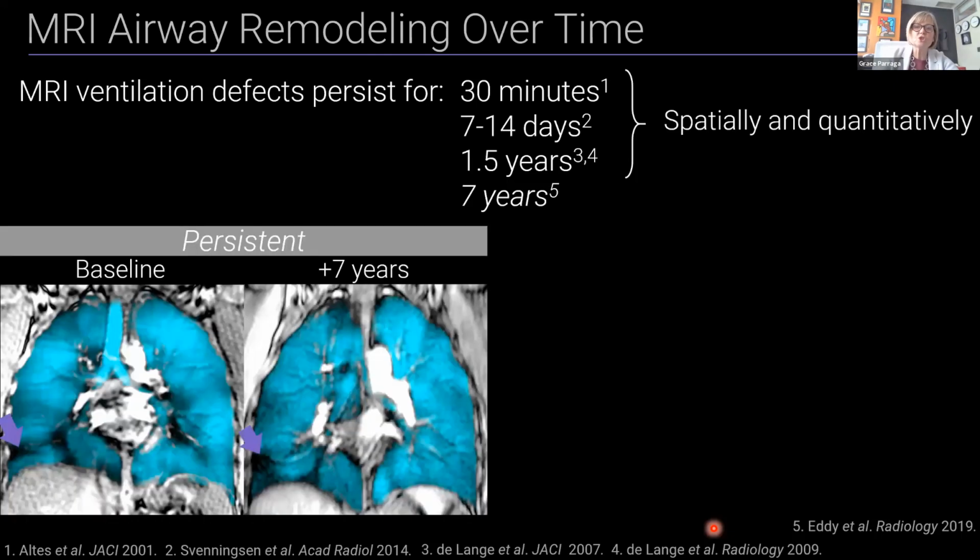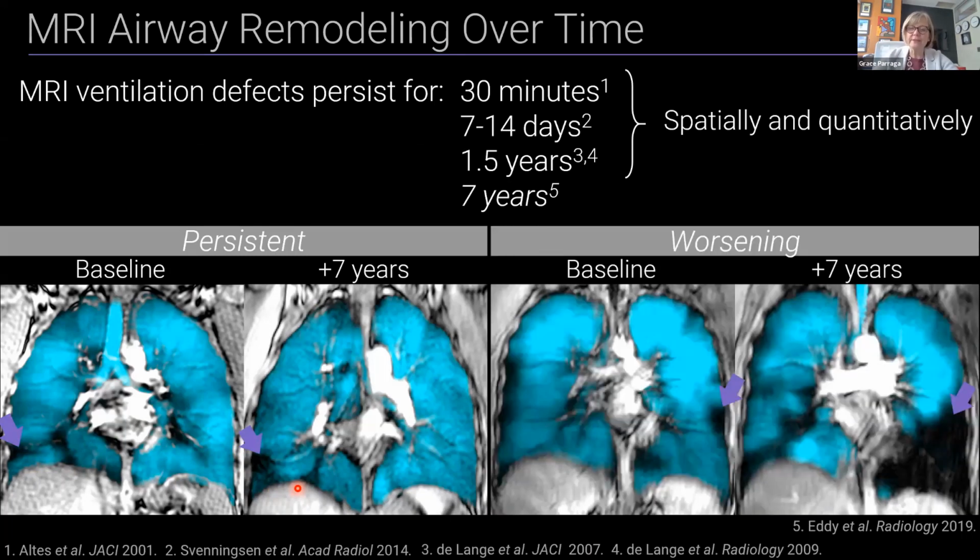So I'm going to show you some of these data. This is a patient who has a persistent abnormality here in the right lower lung. It's persistent over 7 years. And this is a patient where they actually have worsening of their ventilation abnormalities over 7 years. So we see both happening.